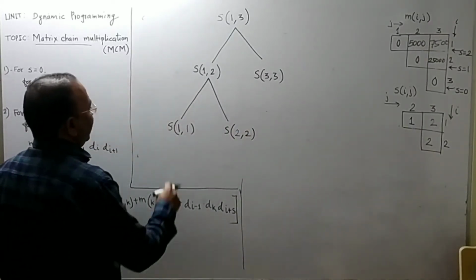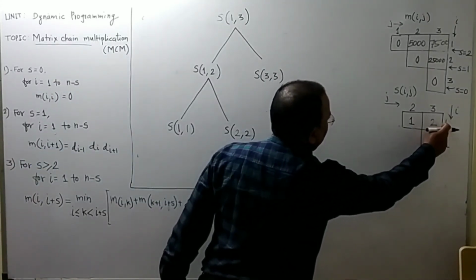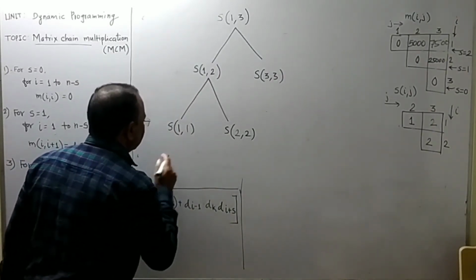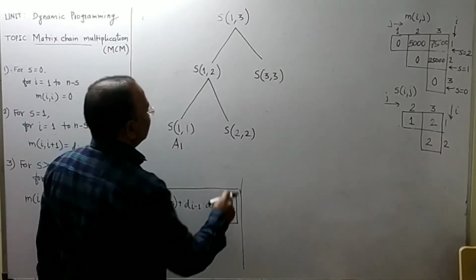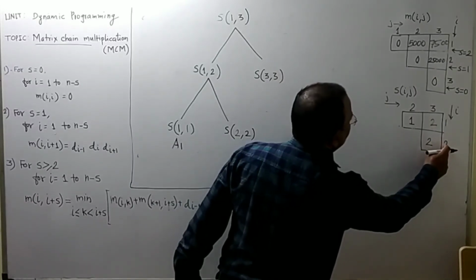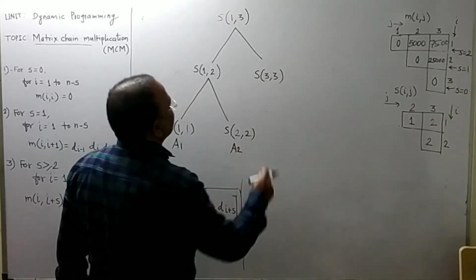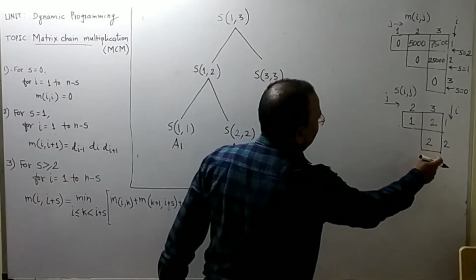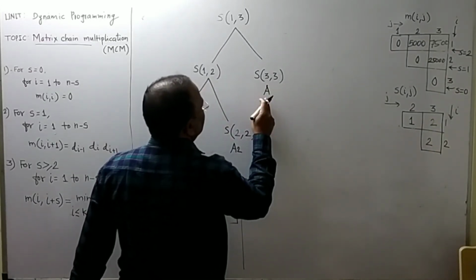Now S of 1 1: the S11 cell is not there, so you have to stop growing this side and write A1. Similarly S of 2 2 is not there, so write A2. Similarly S of 3 3 is not there, so directly stop here with A3.